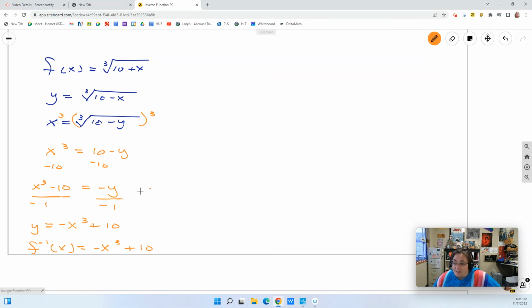Are you talking about this step right in here? Well, you want to get a positive y equals when you're done. Oh, no, I just wrote the problem wrong.